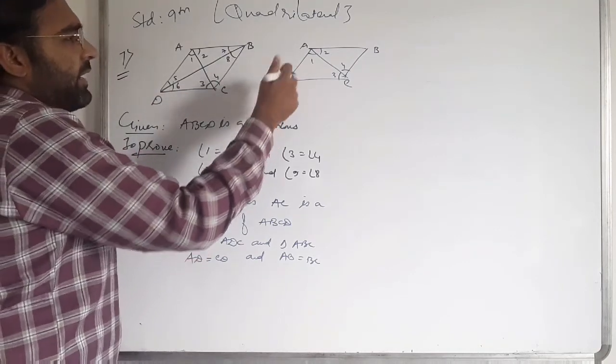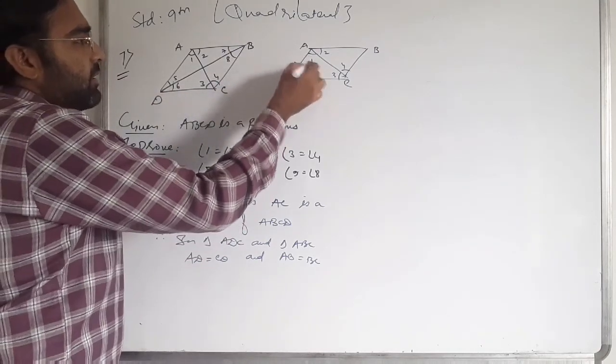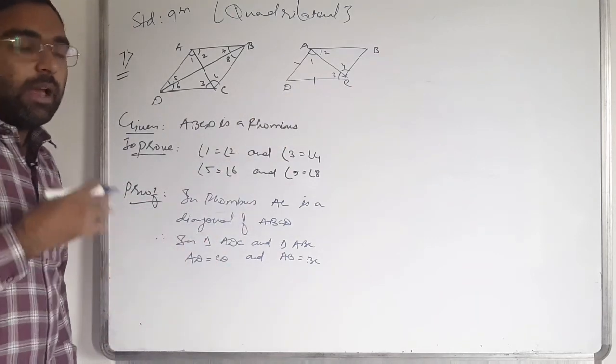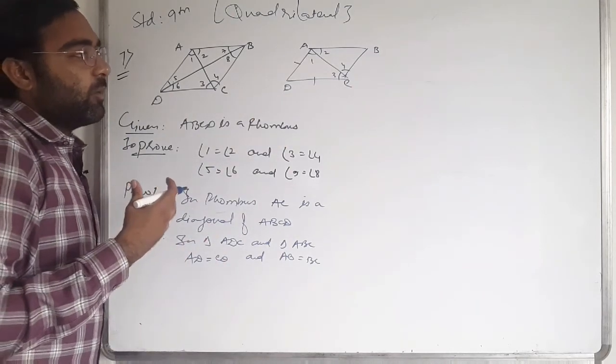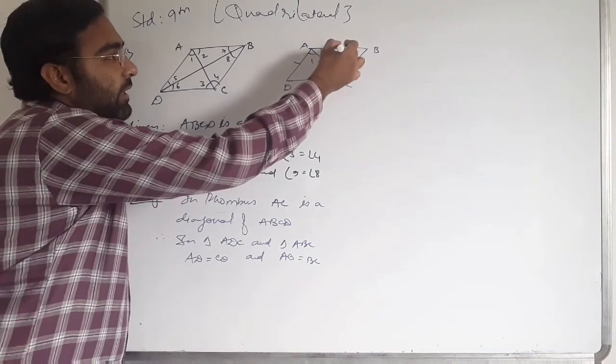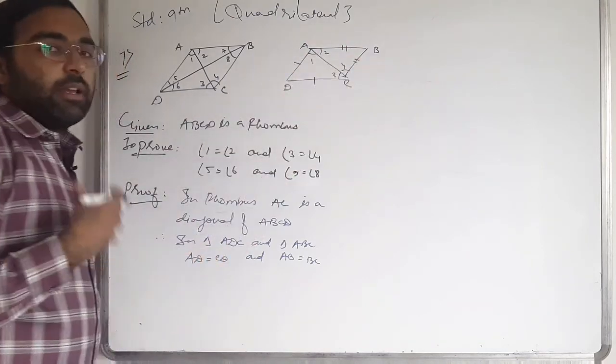For triangle ADC, I'll take adjacent sides as equal, and for ABC, I'll take these two adjacent sides as equal.